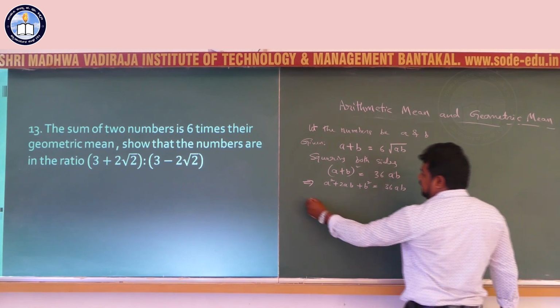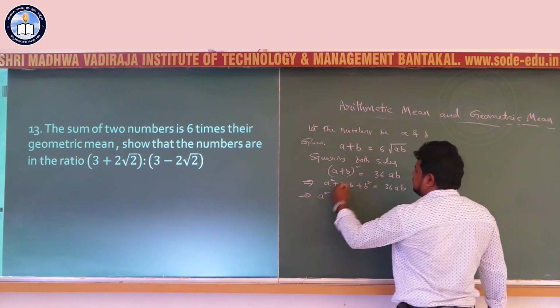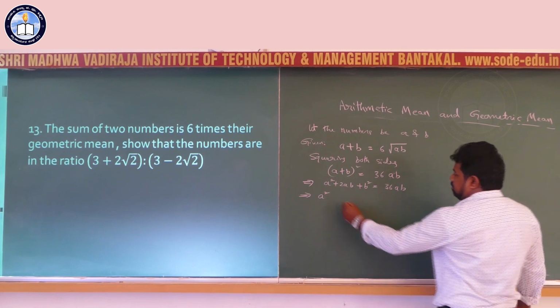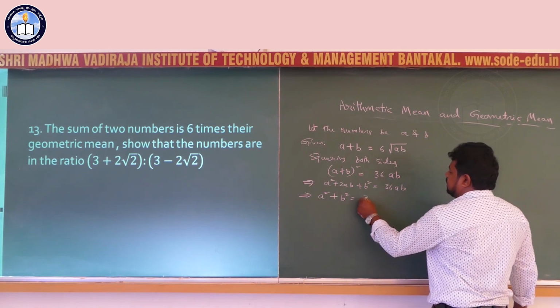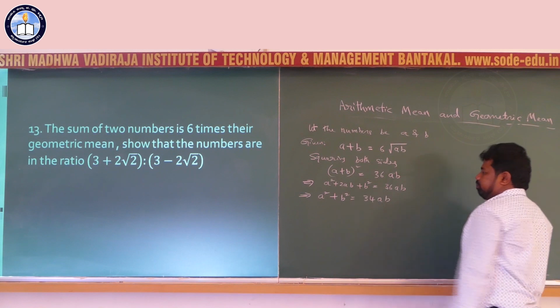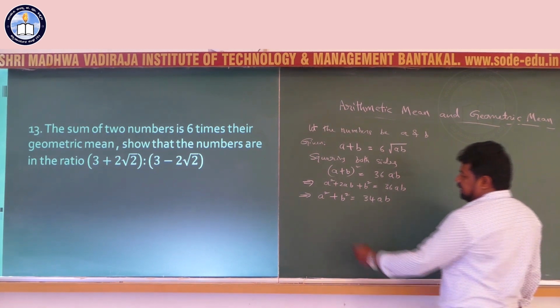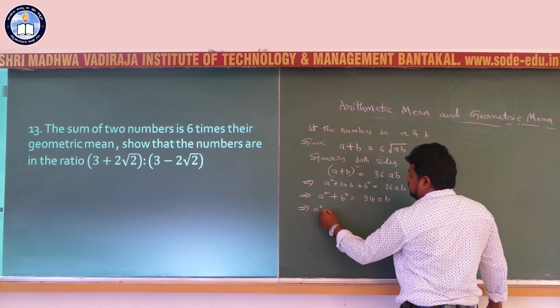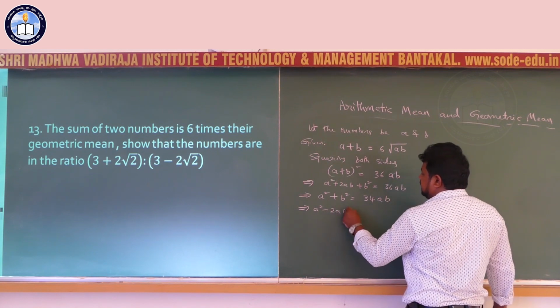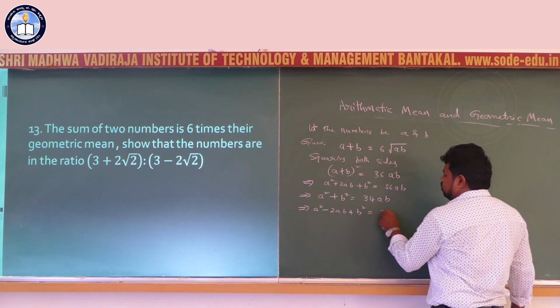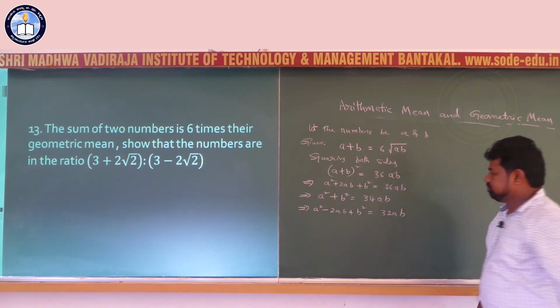I write it as A square plus B square equal to 34AB. I write it as A square minus 2AB plus B square equal to 32AB.